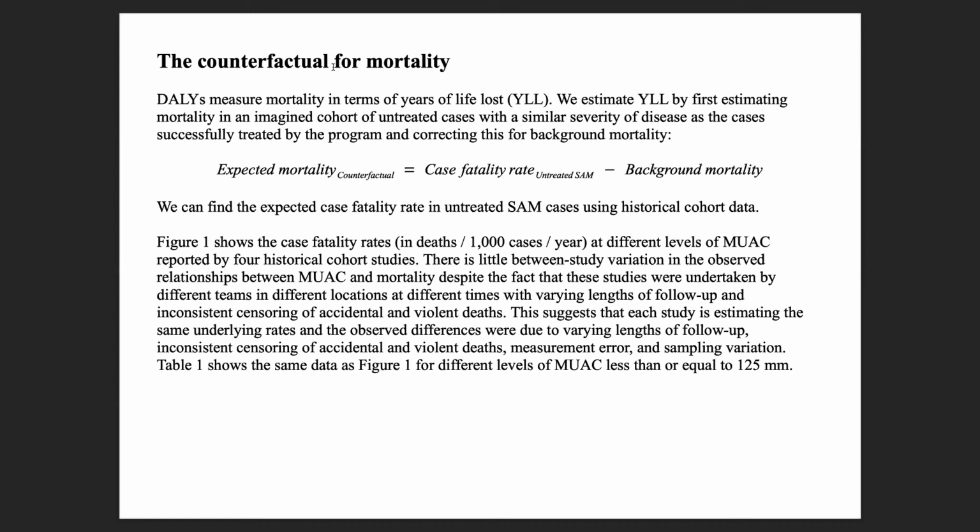So the expected mortality is the case fatality rate for untreated SAM minus the background mortality. We can find an expected case fatality rate in untreated SAM cases using historical data. This figure shows the case fatality rates at different levels of MUAC in 4 historical cohort studies.